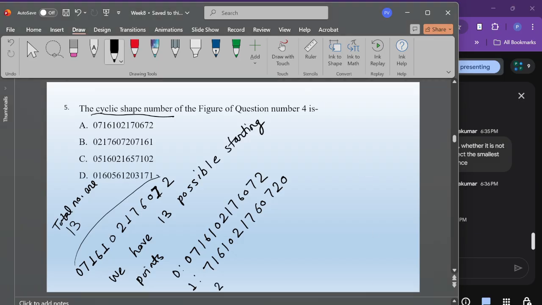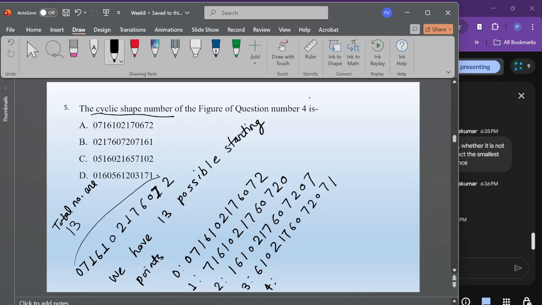So for the second shift, that means this 7 will go this side. So again the number will be 1610217607207. Right? Now next shift, what will be the number? 610217607207. Right?